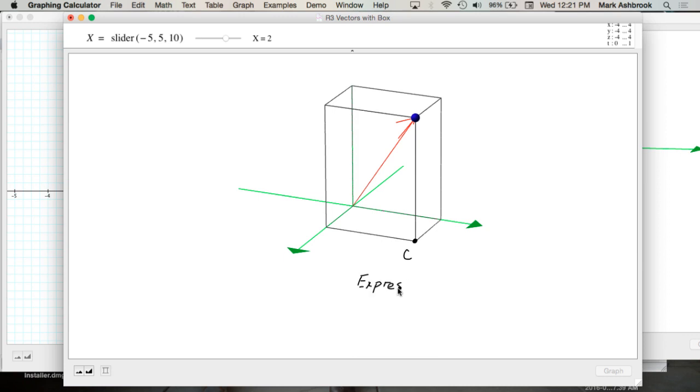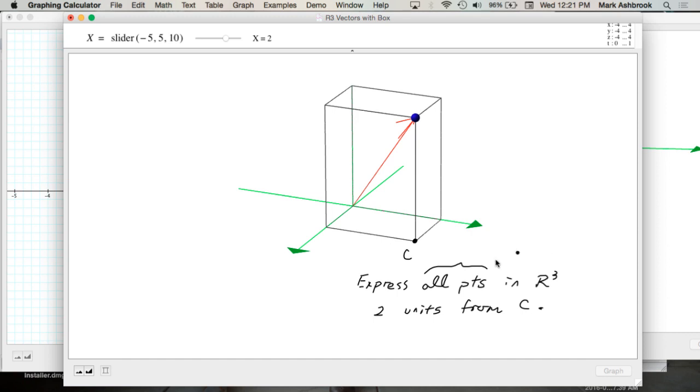Nope, all points in R3. So all points two units from C. And so when you're talking about all points, just in general, how do you express when you say you're expressing all points?